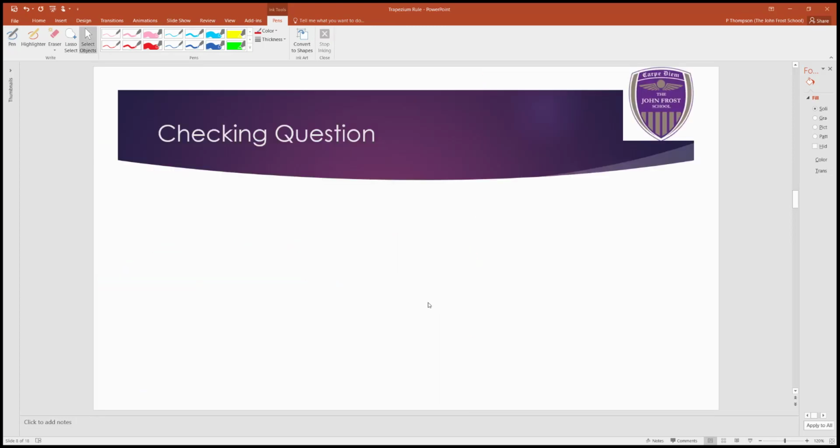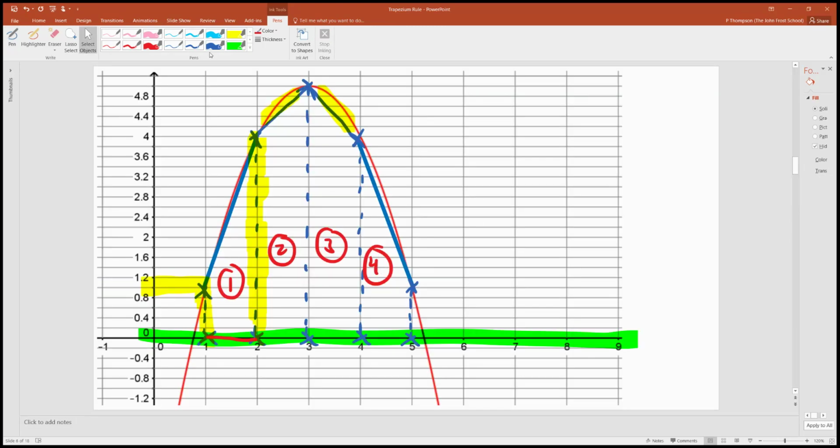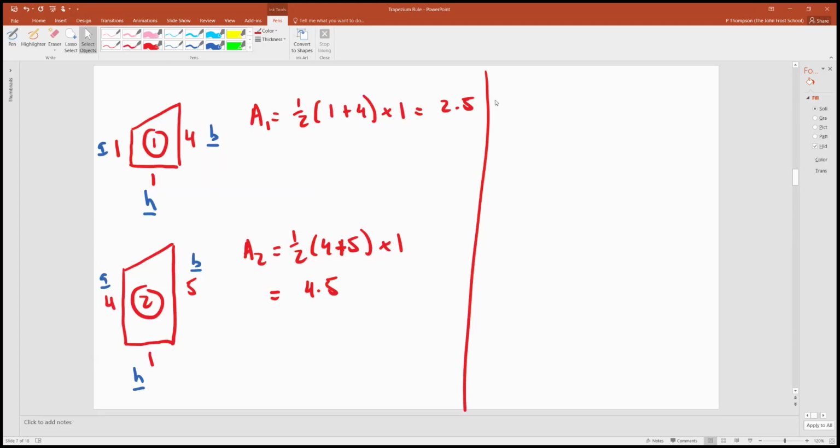So 2 more shapes to do. You might spot a shortcut here, because trapezium 3 is basically the same as trapezium 2. It's just been flipped around. But I'll still do it the long way. Trapezium 3 looks a bit like this. It's 1 long. That is 5. If you look back at the graph, and that's 4.